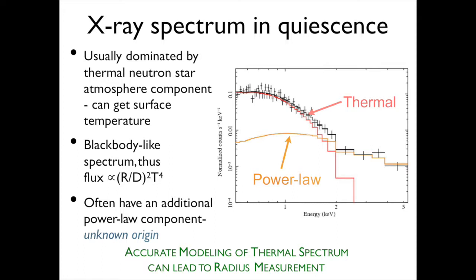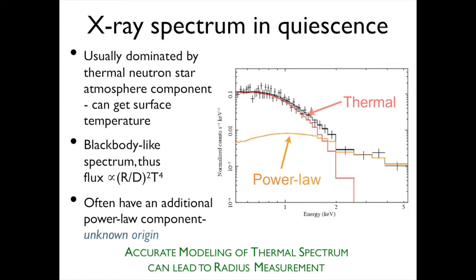It actually depends on the structure of the neutron star atmosphere, and that's because in the atmosphere, the opacity is highly energy dependent, and so the hotter photons come from deeper down, and so your spectrum is slightly harder, has slightly more higher energy photons than a typical black body.